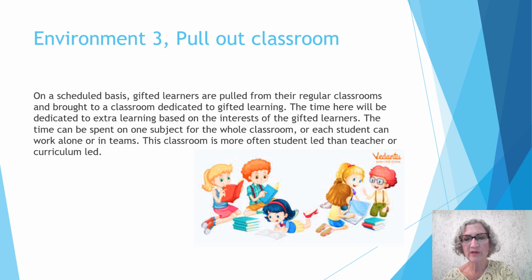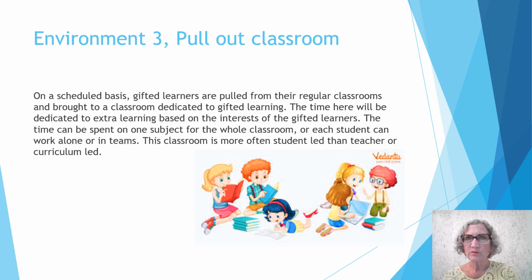The third environment is the pull-out classroom. So we have a pull-out classroom for gifted learners. Emily Dent has a schedule for all the grade levels, and she pulls the kids out on a particular schedule. You'll know what that is, and brings them into a classroom that is designated for gifted students.